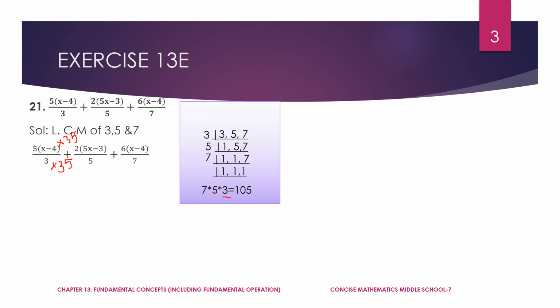The remaining two numbers are 7 into 3. 7 threes are 21, right? So it should be multiplied with 21. Because it is multiplied with 21 in the denominator, you need to multiply with 21 in the numerator too.